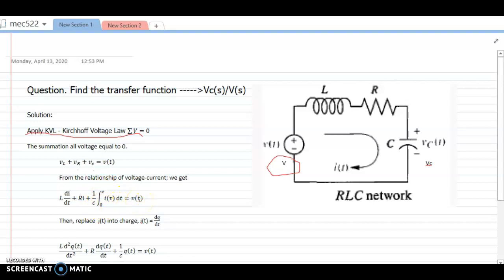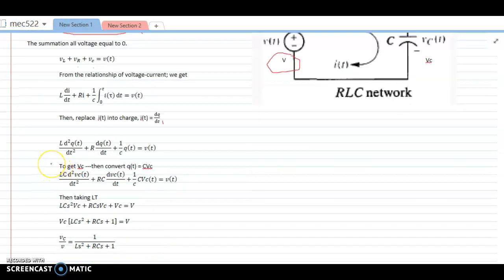To get VC, because we know that VC is the output, first you need to replace i(t) with charge, which is i(t) equals dq/dt. After you replace it, you get L d²q/dt² plus R dq/dt plus 1/C q(t) equals v(t).